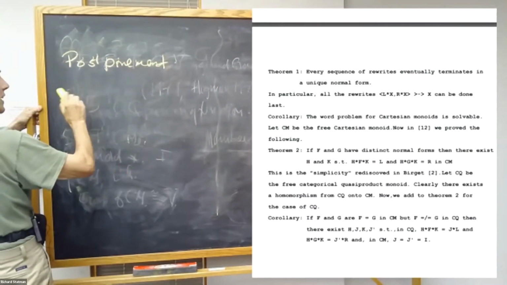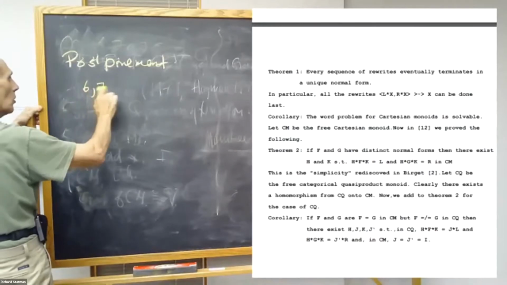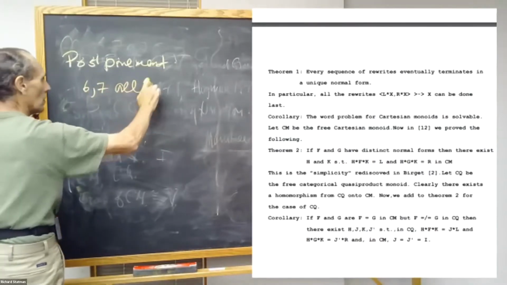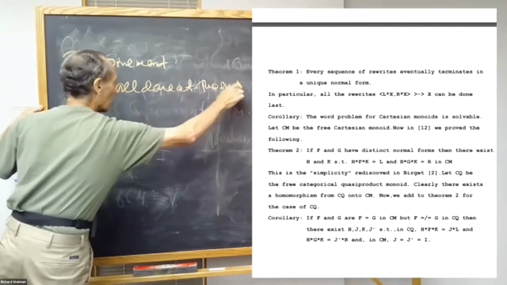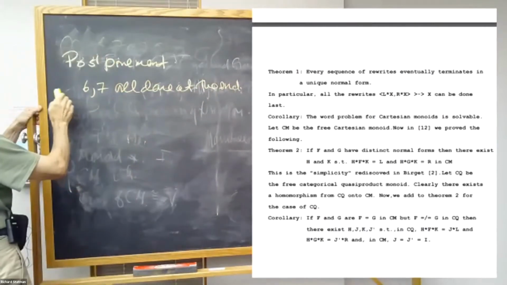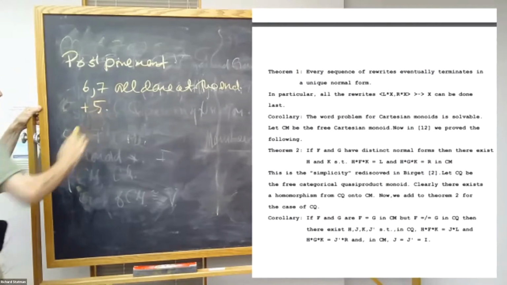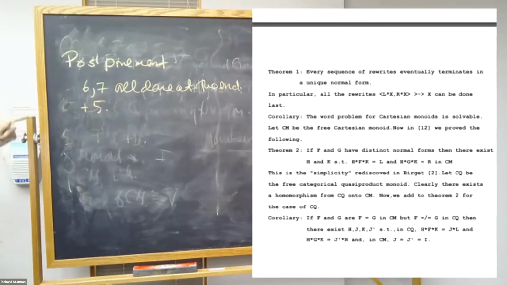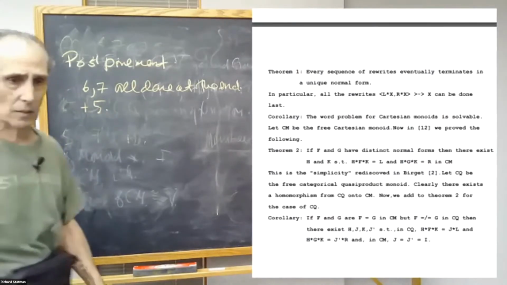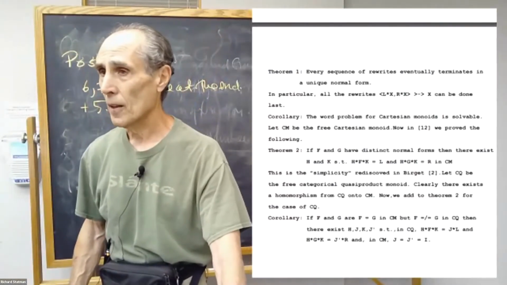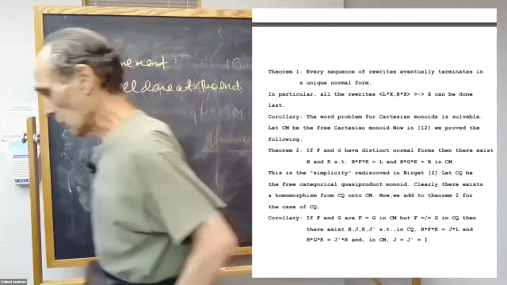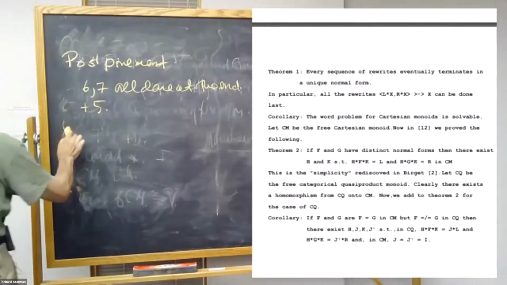And that is that the last 6 and 7 can all be done at the end. And of course, 5 may be used as well. So 5 may be used in the initial reduction, and it could be used at the end as well. And so that will give us unique normal forms.